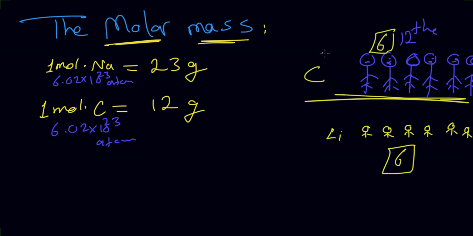For example, here 12 gram, but lithium 3 gram. Their number is the same, but their mass is different, because each of them is greater than one of them. So the atom of carbon is smaller than the atom of sodium, for example. I hope you got it.